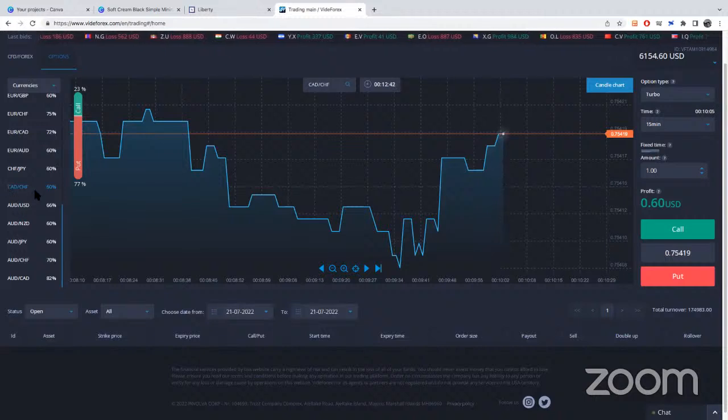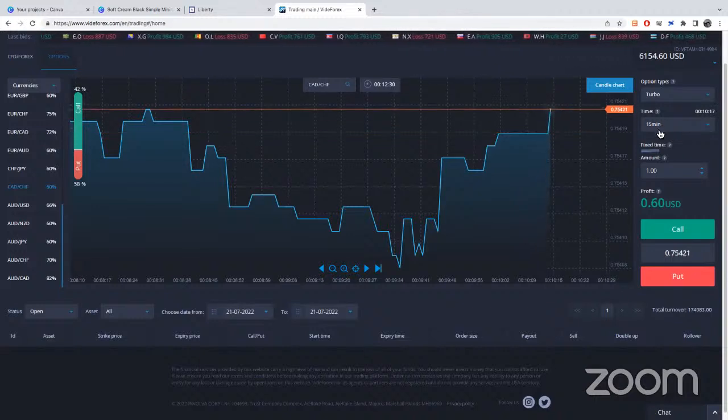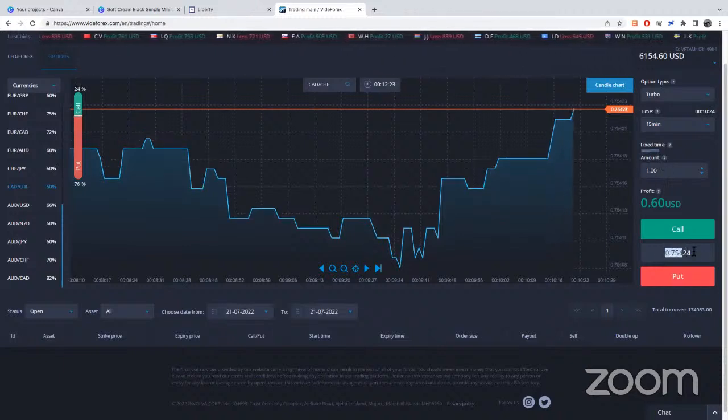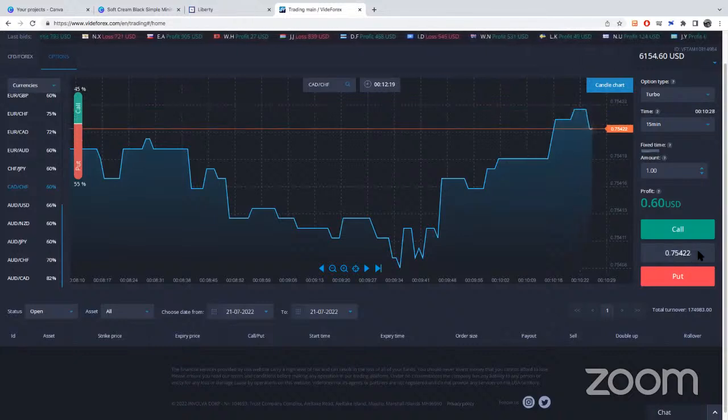It is CAD CHF, okay? Then you put in 15 minutes here, because that's the number of minutes the analyst told you is going to be favorable for you. You only put 2% of your entire account here, and all you're waiting for is matching the numbers, and you are good to go.